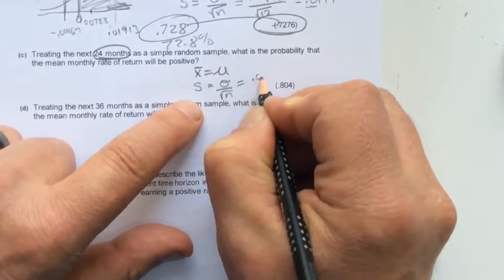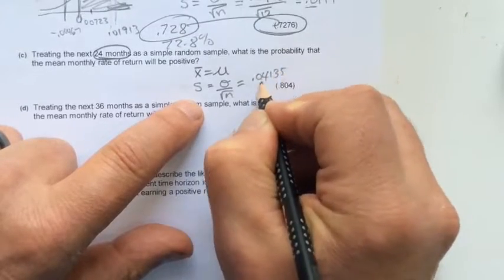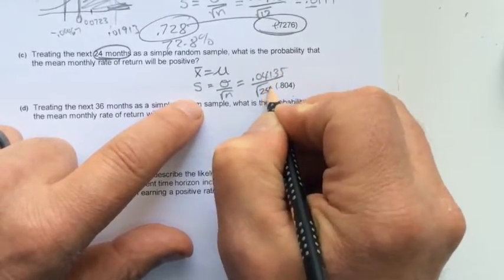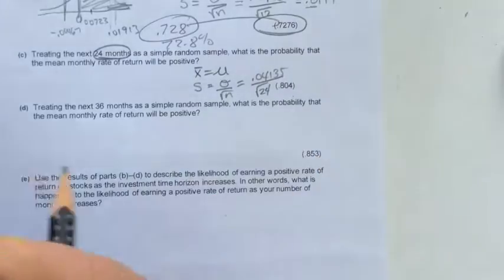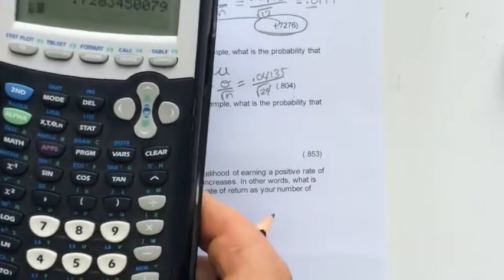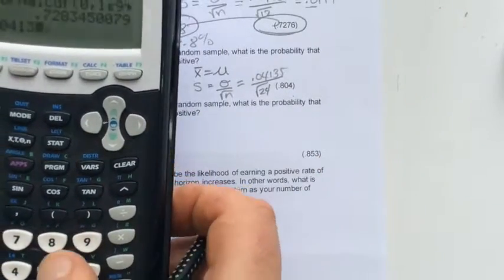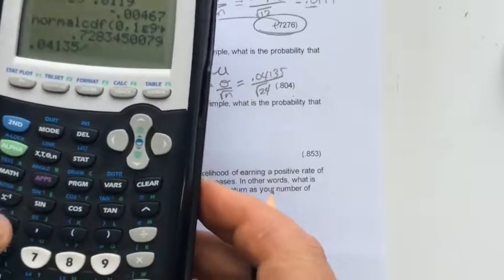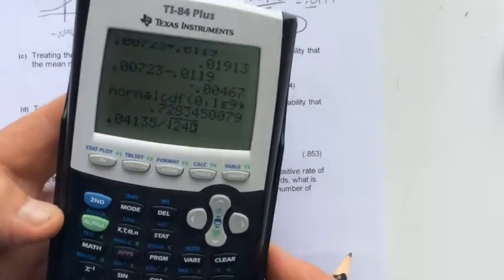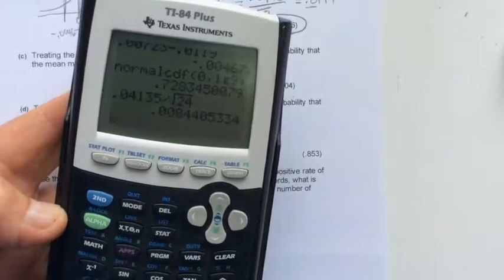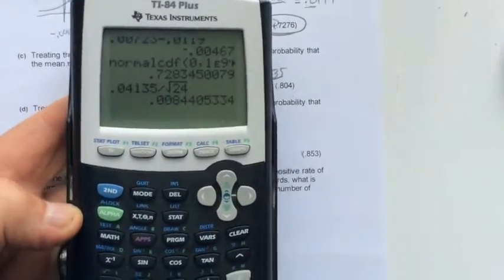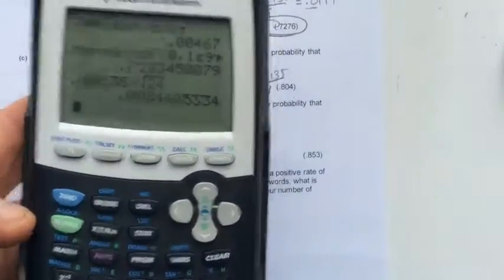So now it's just 0.04135 divided by the square root of 24, since the sample size is bigger. 0.04135 divided by the square root of 24 is 0.00844.